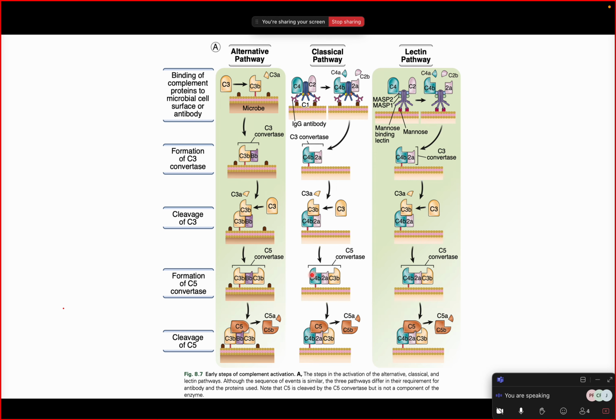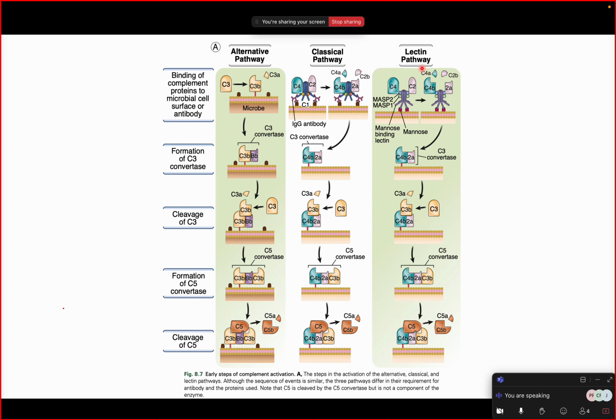Now C4b2a and C3b, all these protein complexes together make the C5 convertase, and the same thing will happen. So the only difference was the initiation of it. The whole pathway is the same, it's just how it is being initiated that is different.